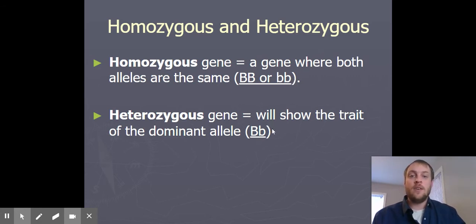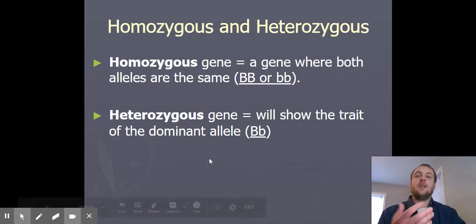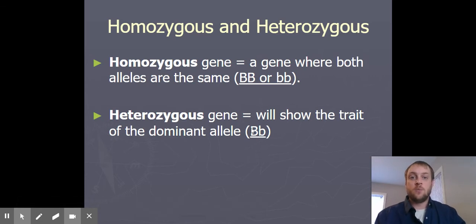In the case of this heterozygous gene where we have a capital B and a lowercase b, the dominant allele and the recessive allele are both present, but you're only going to see the dominant version of that gene. So if somebody was heterozygous for eye color, since they have that dominant allele, that capital B, this person would have brown eyes. The only way that somebody would have blue eyes is if their genotype coded for the two recessive traits, the little b, little b.